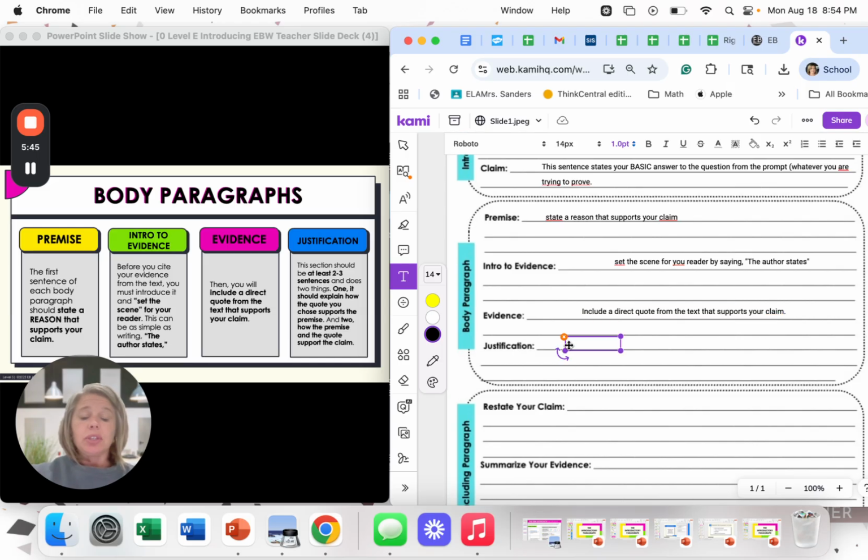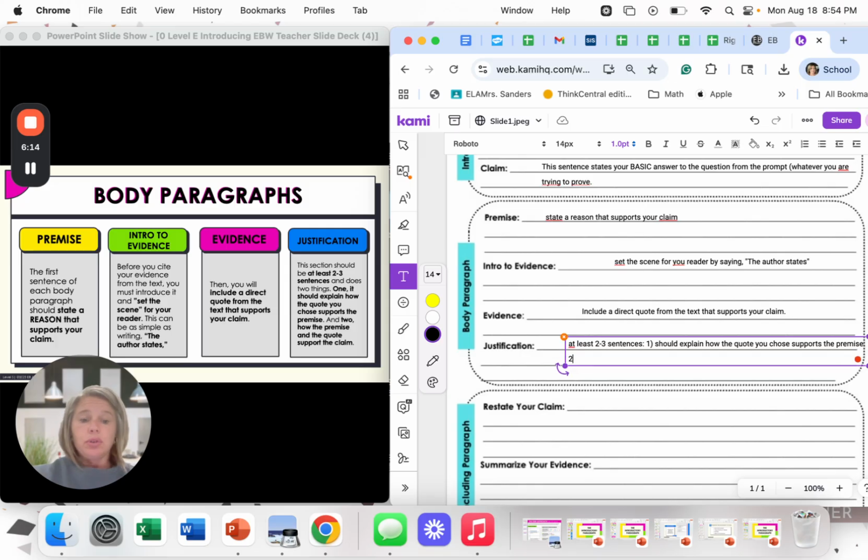And justification is at least 2 to 3 sentences. Okay, and it does 2 things. One, the first sentence should explain how the quote you chose supports the premise.